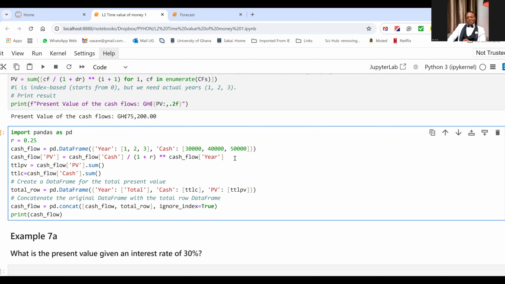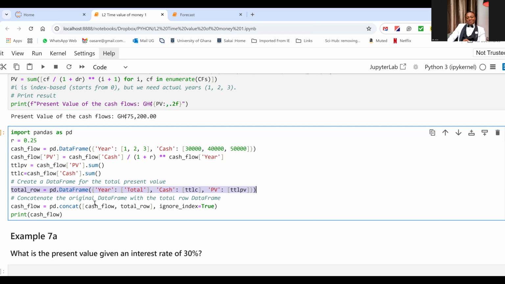I'm creating a formula that will pick the cash flow of each of them. Remember, this is the definition, and I'm creating a present value of each of them. I create a table of the present value, and then I create a table of the cumulative cash flows. Then I can add all of them together using this final table.